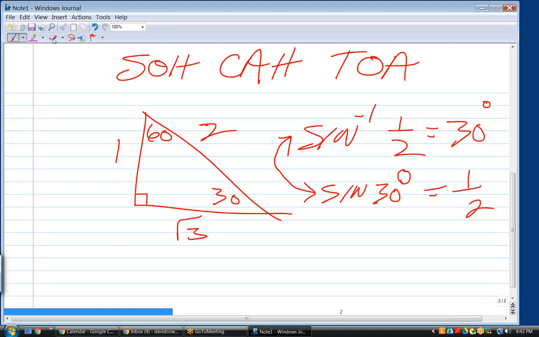In other words, no matter the right triangle. Let me give you a different right triangle. You have a calculator in front of you? I can get one up just on my backpack. Yeah, go ahead and get one.